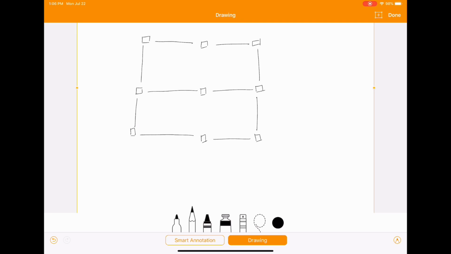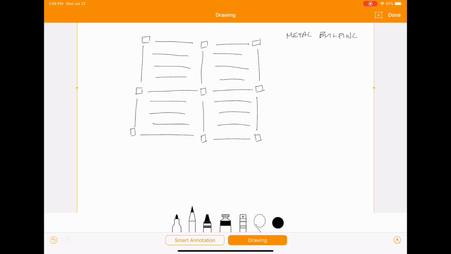So we'll add some beams in there. So that's a basic framing plan. This would be for a metal building. And we can just say, this could be a floor or a roof, but we'll just say it's a roof.